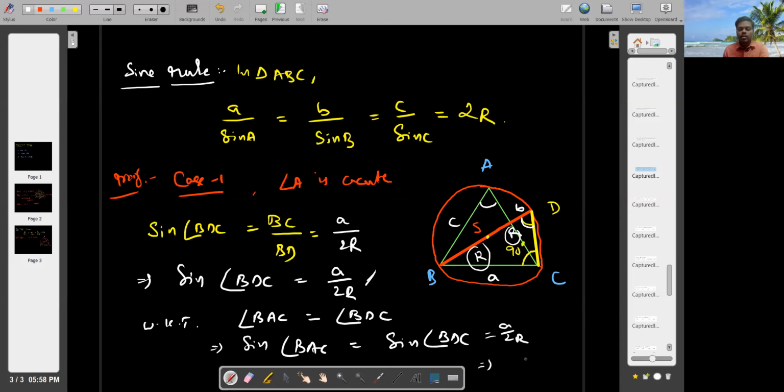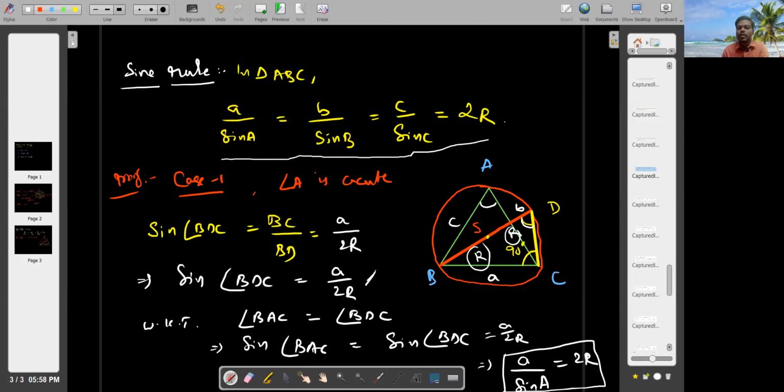That implies, angle BAC we can write as angle A, so a by sin A equal to 2R. Similarly, we can find b by sin B equal to 2R and c by sin C equal to 2R. So by using these equations, we can say that a by sin A equal to b by sin B equal to c by sin C equal to 2R. This is called sine rule. This is the first case.